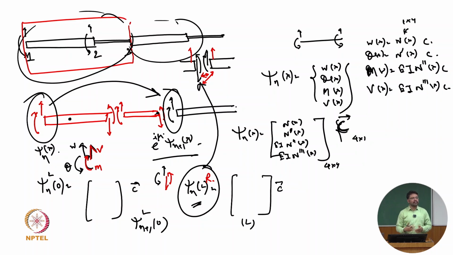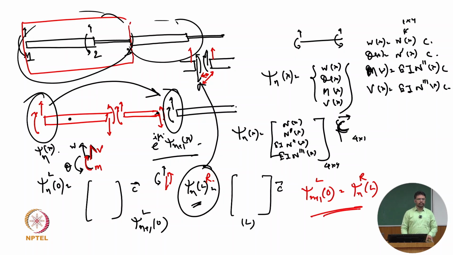So they get balanced automatically, and displacements are all in the same direction, so they automatically become equal at that junction. So you don't need to be worried that much. So you can write what? Phi n plus 1, 0, left side is equal to phi n L, right side. Can I write that? Please pay attention and think about it.